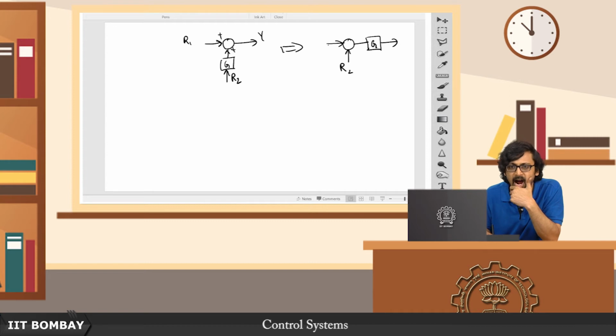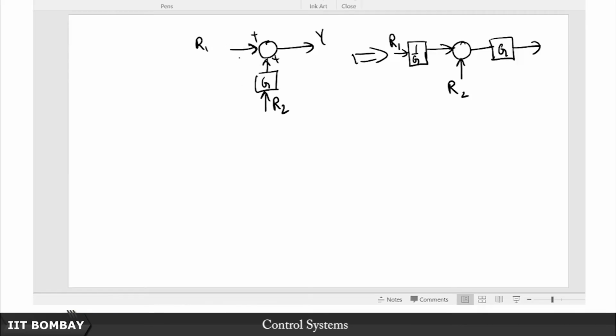But on the other hand, for R1, you cannot let it pass through G, because in the original system R1 wasn't passing through G. So what you do is you multiply this by 1 by G. If you want to push this block inside, for the one for which this block is present, you have to do nothing, but for the ones where this block is not present, you have to adjust it with its reciprocal.